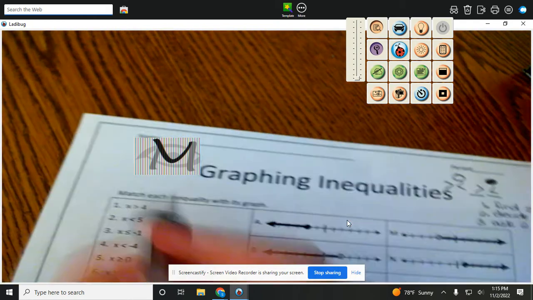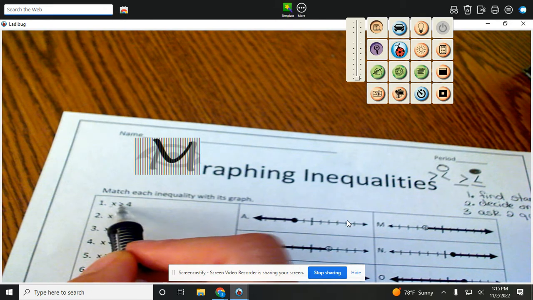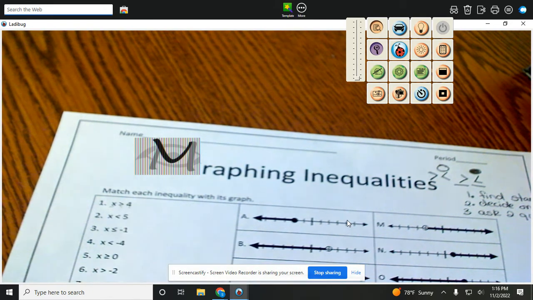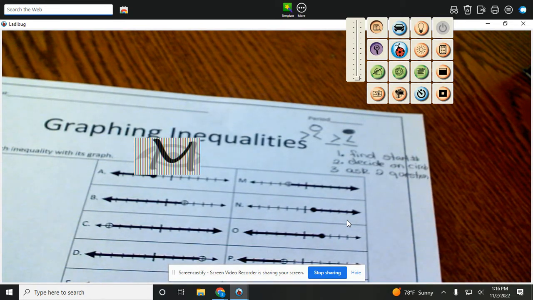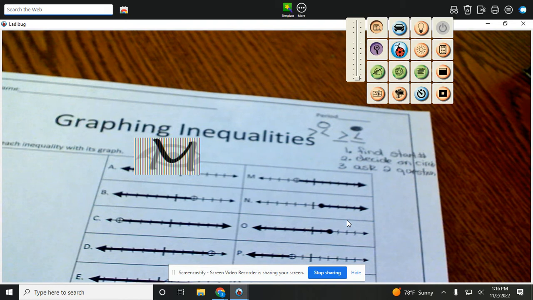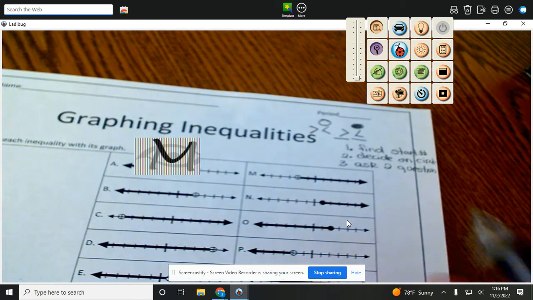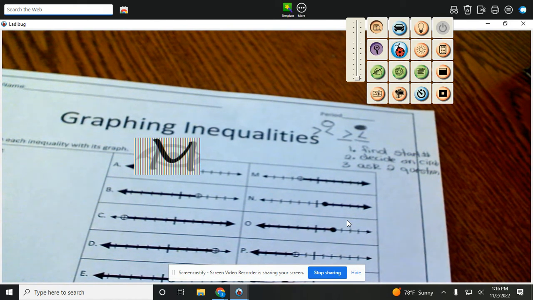So let's look over here. We have x is greater than 4. We're going to look through all of these and figure out what is an example of x is greater than 4.